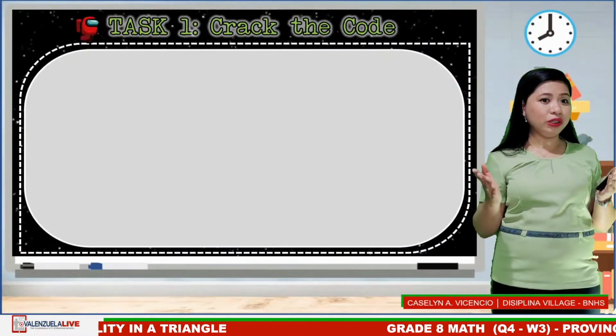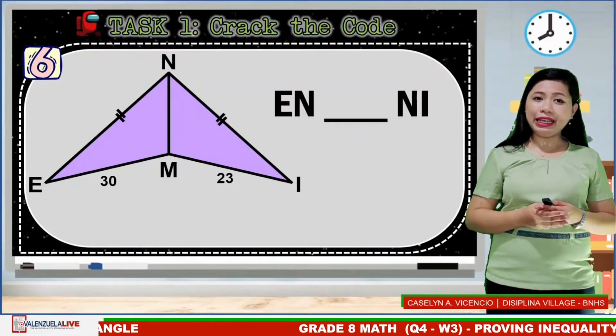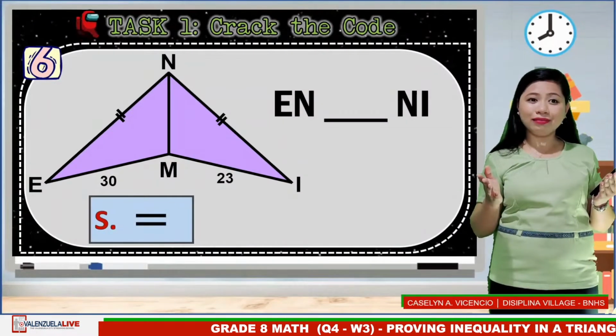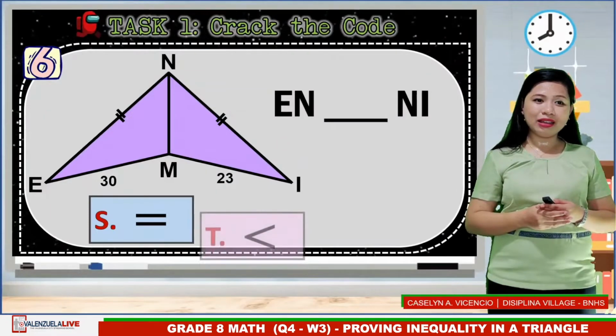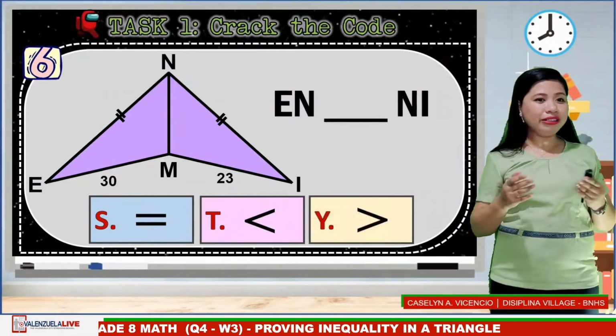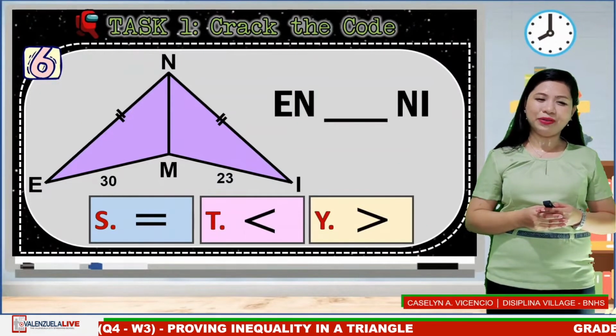For our last figure, how will you describe the measure of side EN and side NI? Is it equal, less than, or greater than? Your timer starts now.